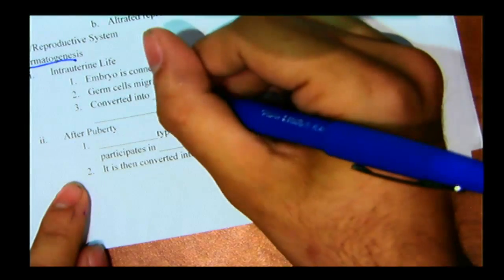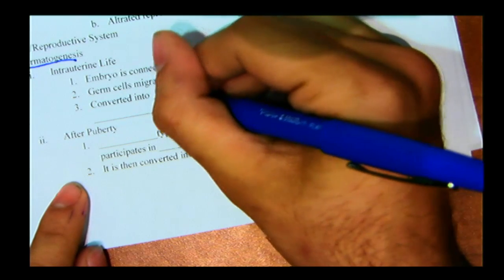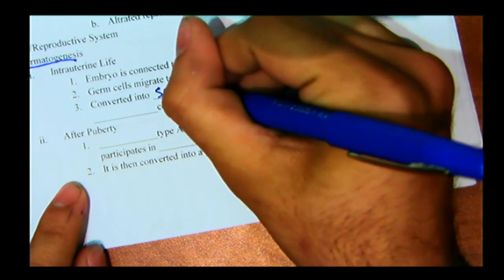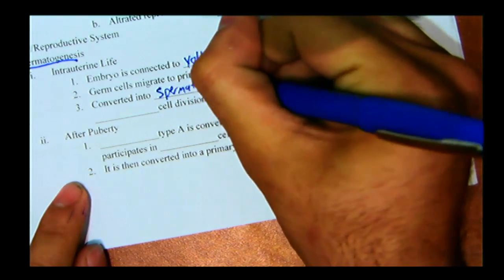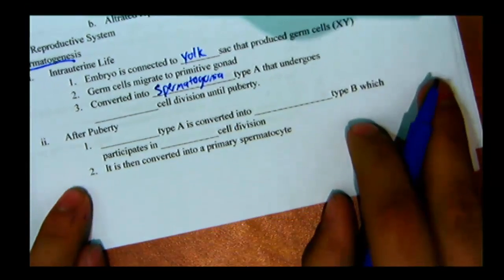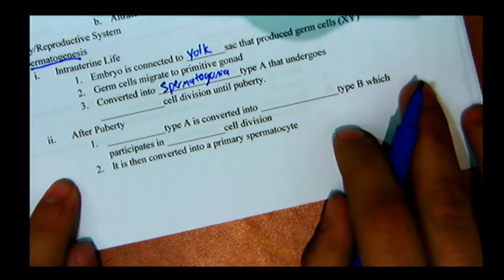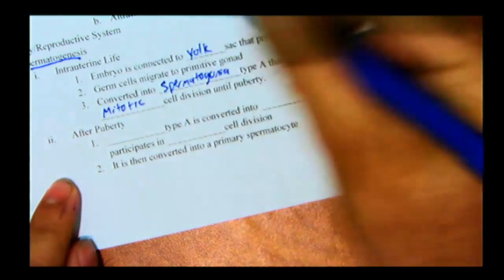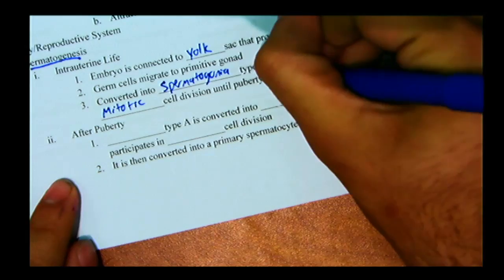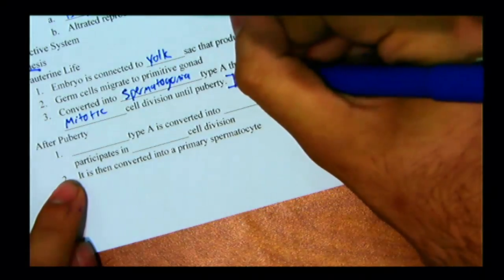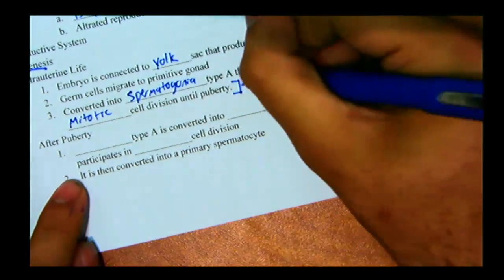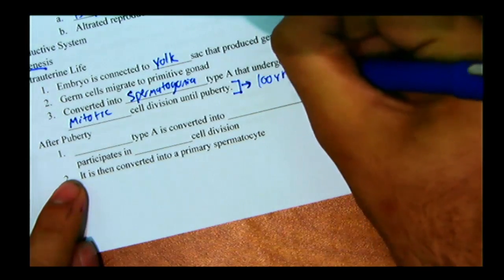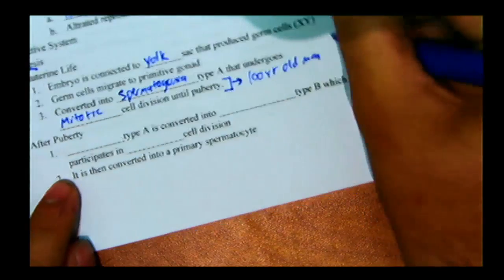That undergoes which type of cell division? Mitotic. This is a primary reason why a male, like a 100-year-old man, can still have a baby. Except the older you get, the more problems that can happen. But yeah. Cool.